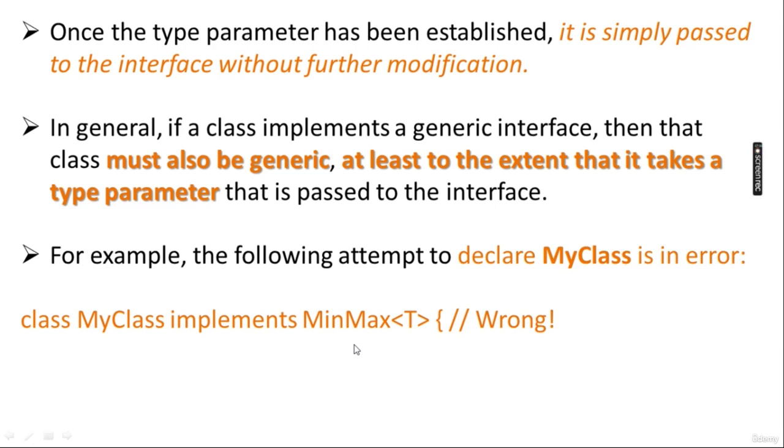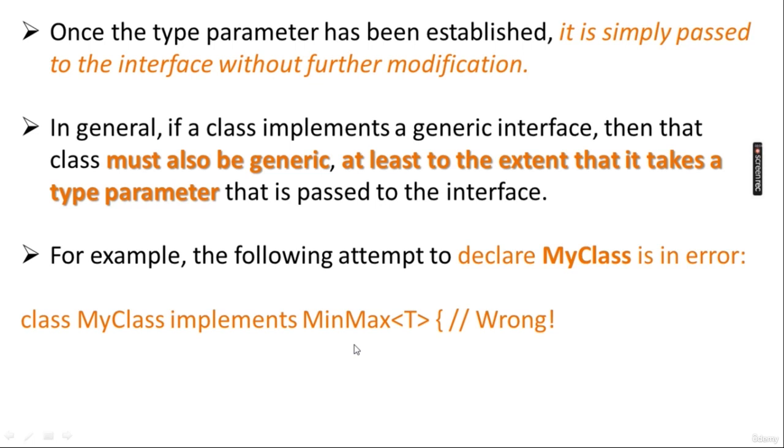Okay, so next, in general, if a class implements a generic interface, then that class must also be generic. Okay, so at least to the extent that it takes a type parameter that is passed to the interface. So if your class is implementing a generic interface, it must also be generic, and at least it should take a type parameter that is passed to the interface.